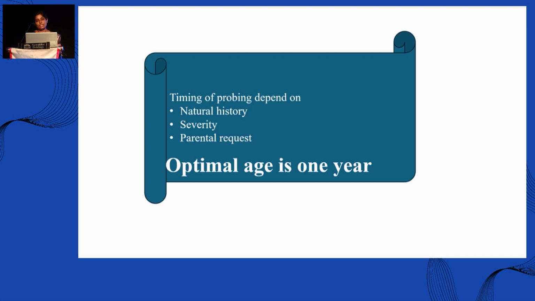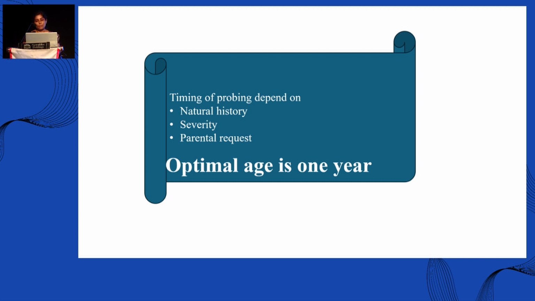If not, if the child is well, we can wait up to 1 year without probing. Then severity, then parental request, because if the parent requests to wait up to 2 years, we can wait up to 2 years.